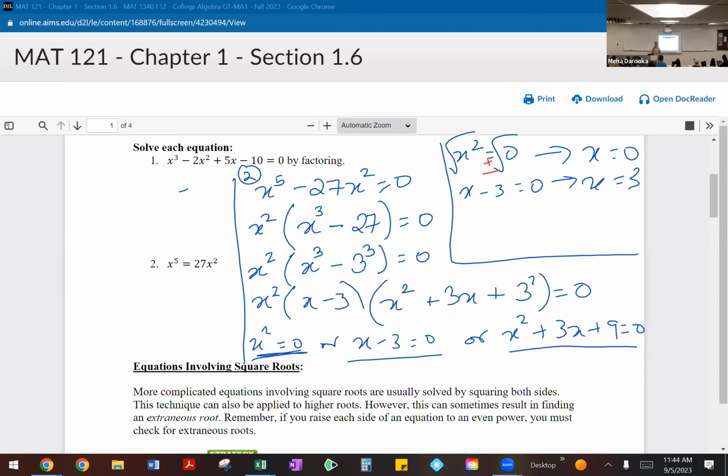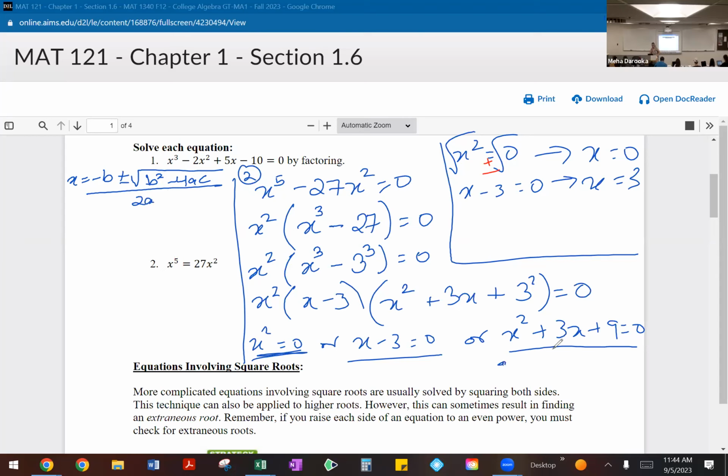So remember, the quadratic formula is x equals negative b plus or minus the square root of the discriminant b squared minus 4ac, and then the whole thing divided by 2a.